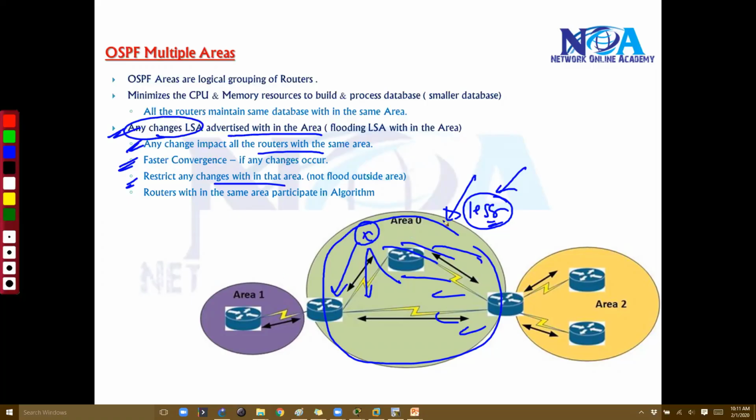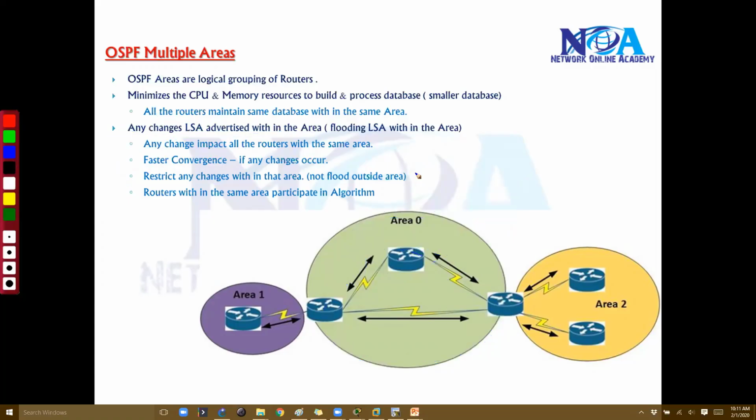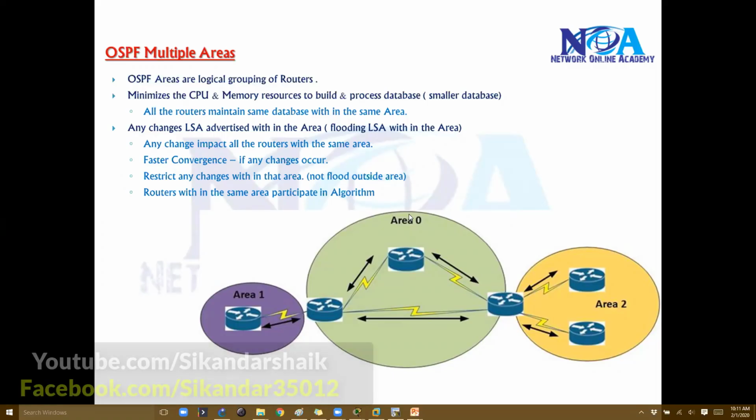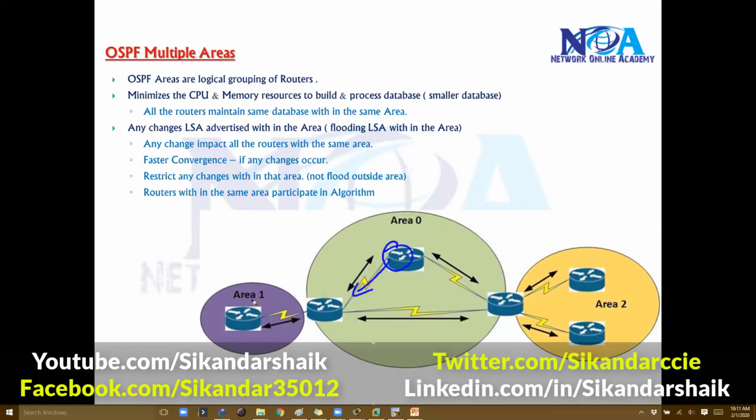When it is calculating the best route, the algorithm is applied only to the changes within that particular area. So only the routers within that area participate in the algorithm and process those advertisements. Whatever updates are sent by this router, the other area routers don't really participate in that.